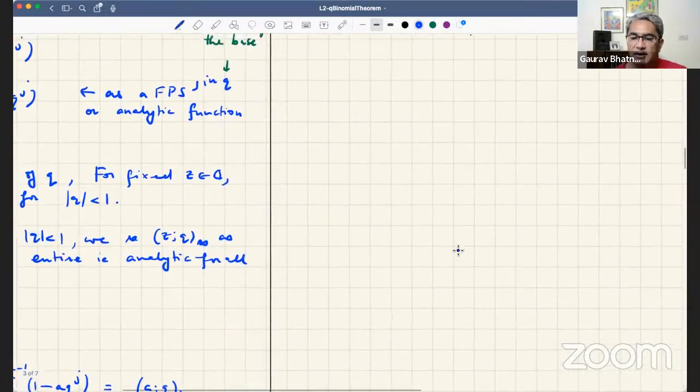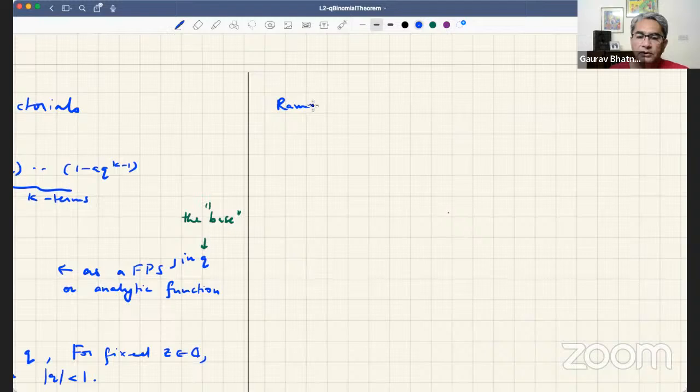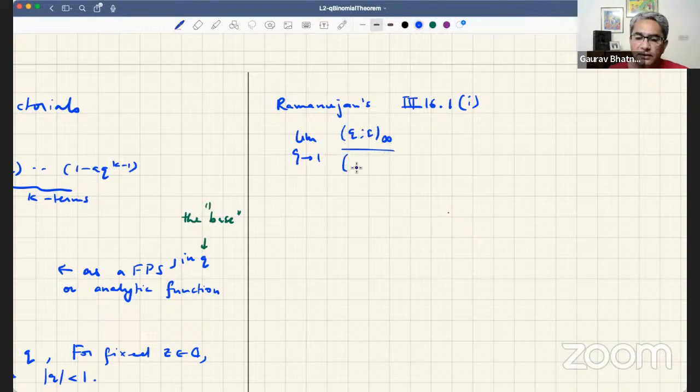In fact, here is an entry due to Ramanujan. In volume 3 of Berndt, chapter 16, the first entry has several parts. The first part is exactly this: the limit as q goes to 1 of (q;q)_infinity over (aq^x;q)_infinity is equal to (1 minus a)^x.